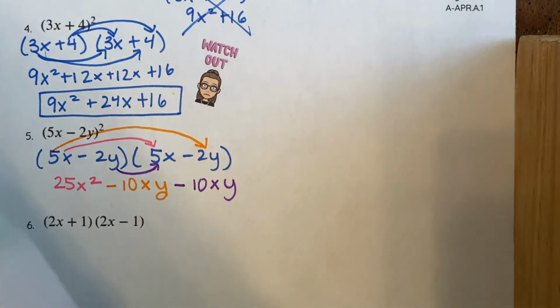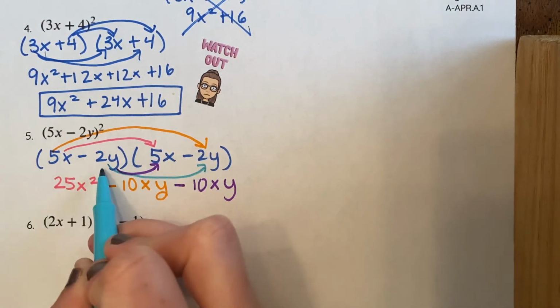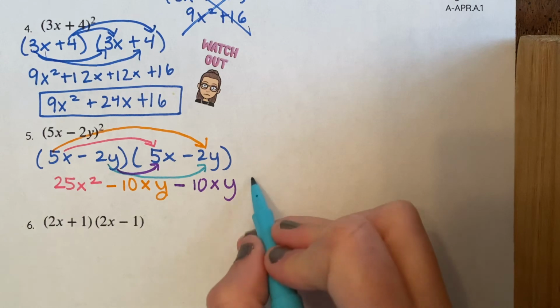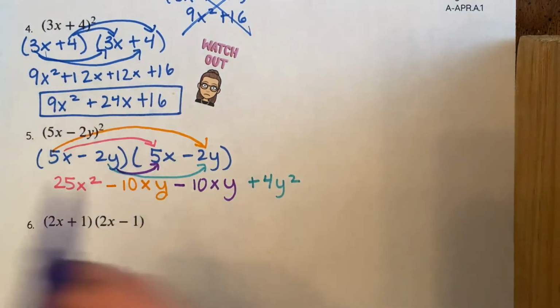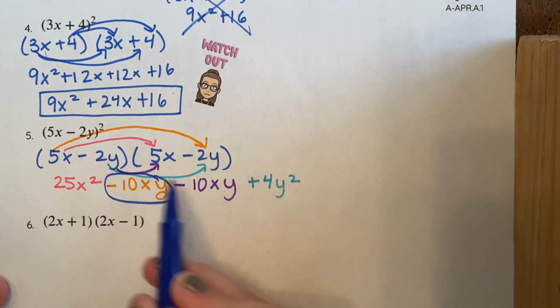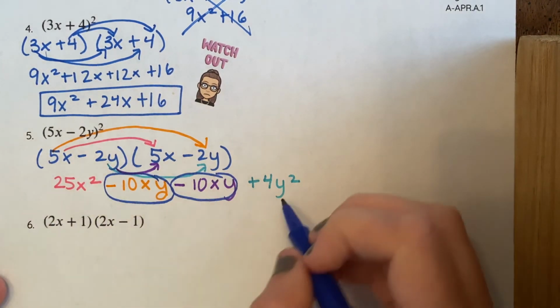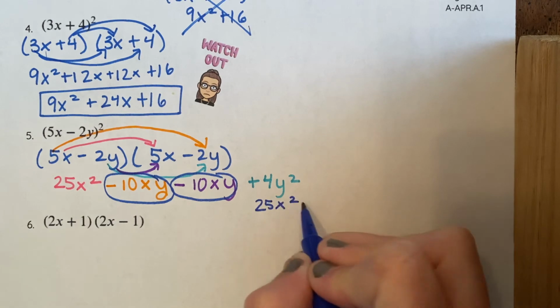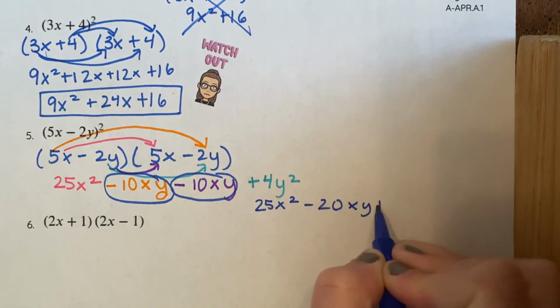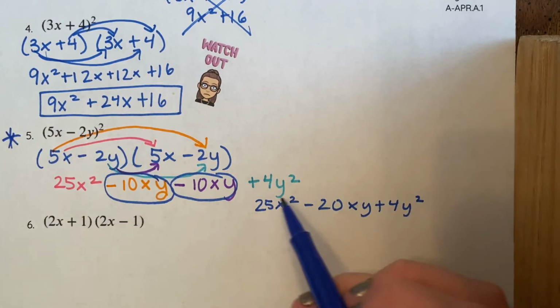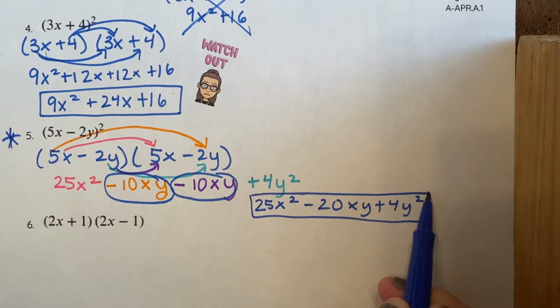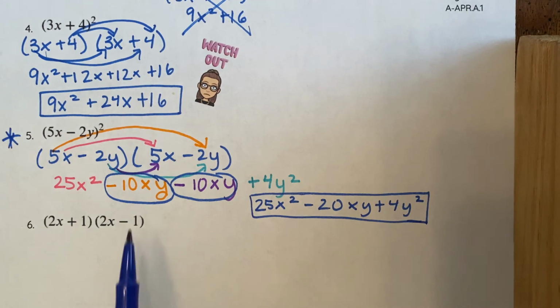And then my last 2, negative 2y times a negative 2y becomes a positive 4y squared. So when I combine like terms, the only 2 things I can combine are these 2. So I'd have 25x squared minus 20xy plus 4y squared. And this one's challenging because it has an x and a y. I just wanted to expose you to all the different types of problems you could see. But this one is a harder problem than the other ones because you have x's and y's.